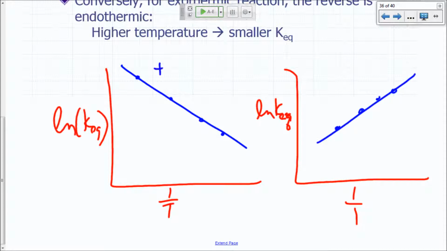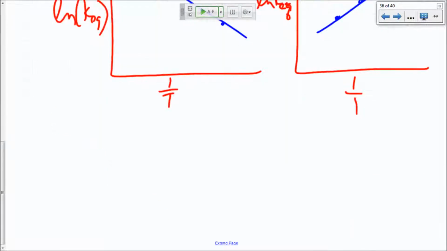This is a positive slope and a negative slope. I got it wrong, so I gotta switch. This is a negative slope and this is a positive slope, right? And what's the slope equal to? It's negative delta H over R.